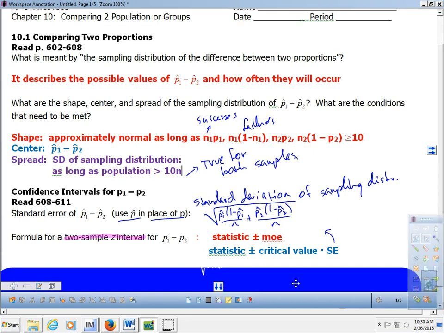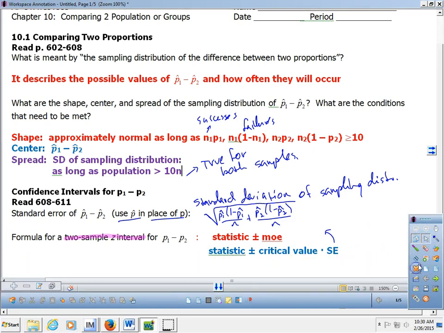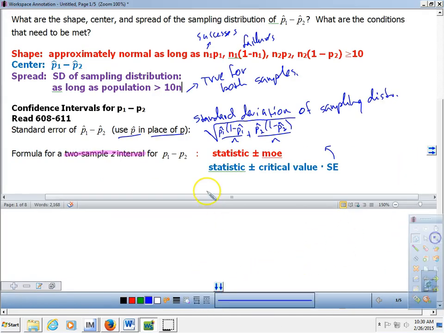And so what is this going to look like by the time it's all said and done? Our statistic is going to look like this. We're trying to estimate the difference. So we're going to take p1 hat minus p2 hat plus or minus some critical value. Remember, it's tied to your confidence level.